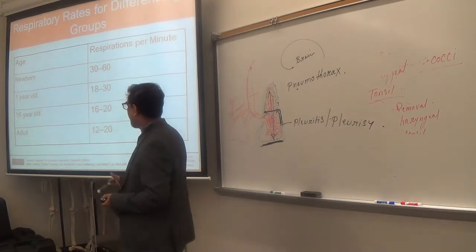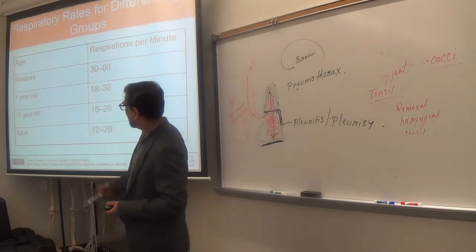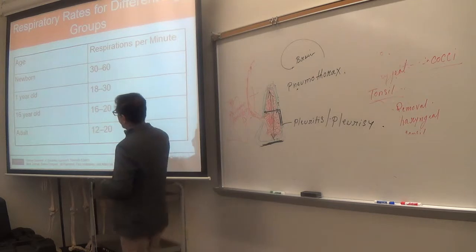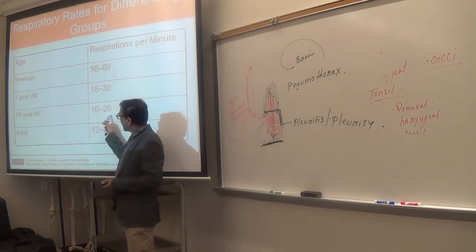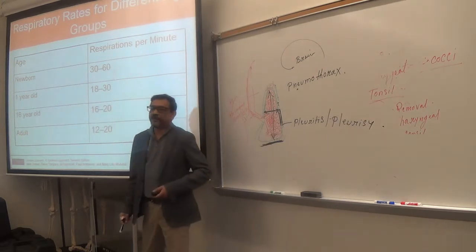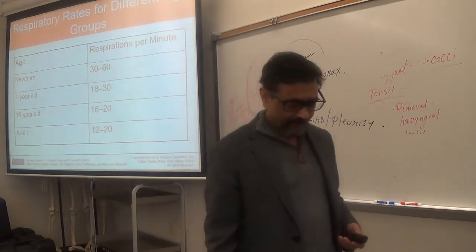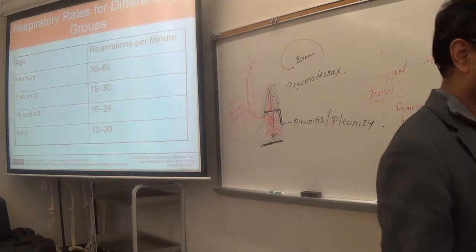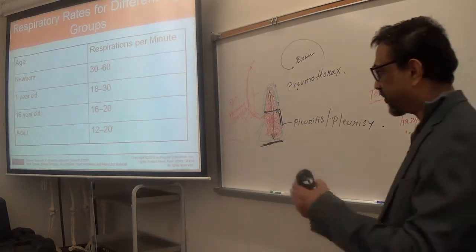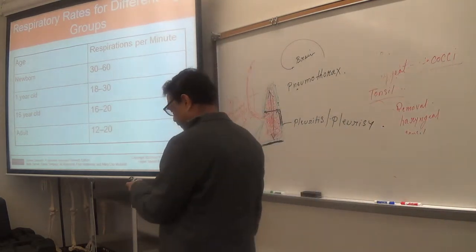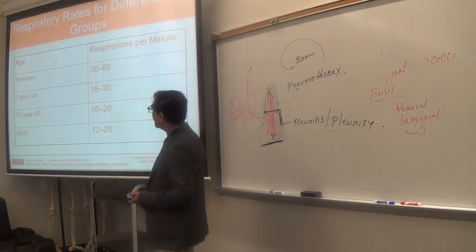Okay? And as you get older, the rate decreases. In adults, the respiratory rate is 12 to 20. We say 16 average, okay? But it ranges between 12 and 20.